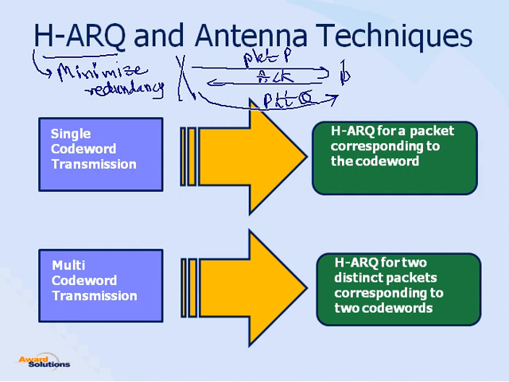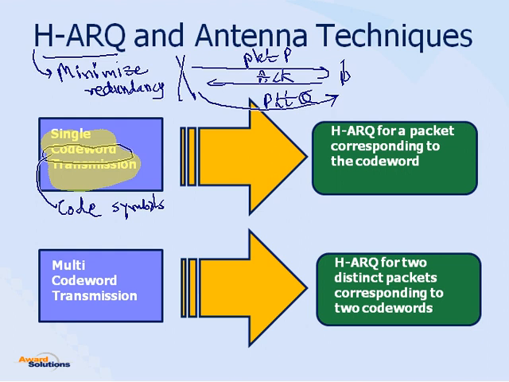So whenever you have just single code word transmission, and remember, the code word is nothing but a set of code symbols coming out of the coding block. As I mentioned, we have support for 2 code words.